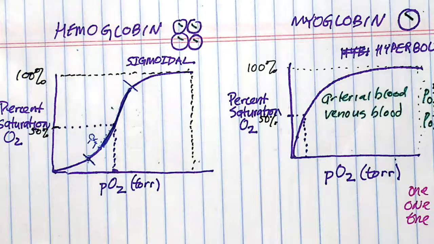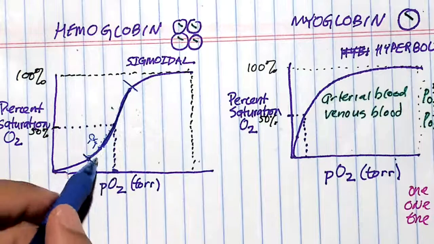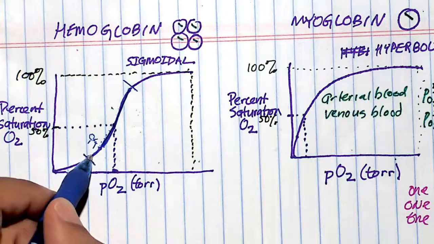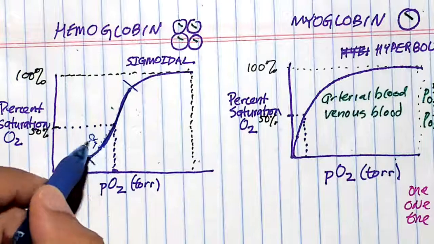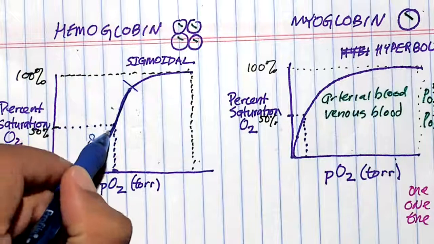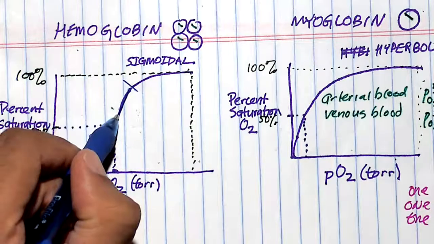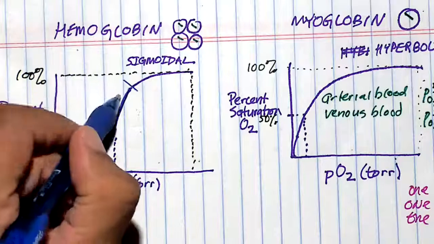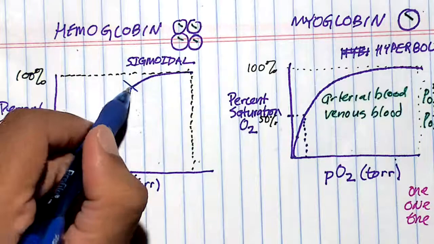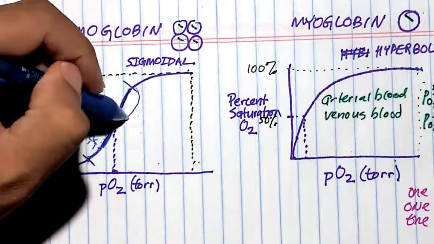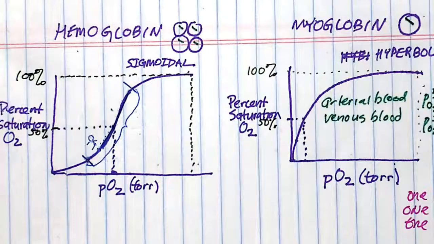What I'm trying to tell you is that when oxygen binds, it's not a linear relationship. The relationship actually becomes multiplicative. All right, oxygen, increase it a little bit, the percent saturation goes up. Increase it a little bit more, it goes up this much. If you increase it a little bit more, it goes up this much. If you increase it a little bit more, it goes up this much. Okay, so this region of the curve illustrates a phenomenon known as cooperativity.